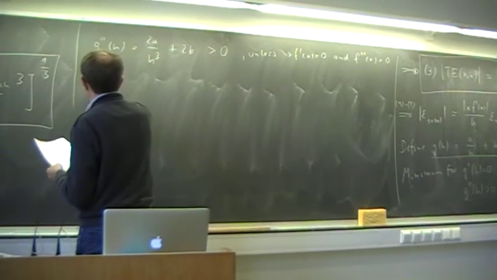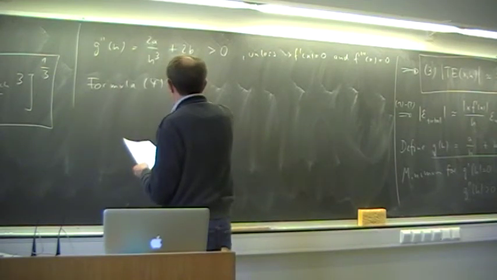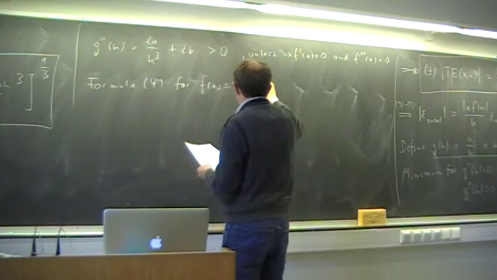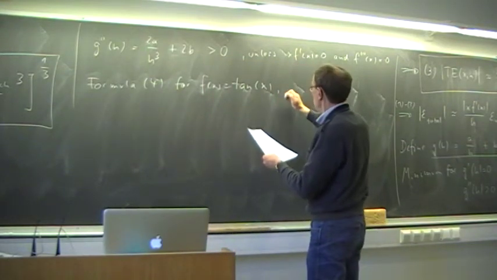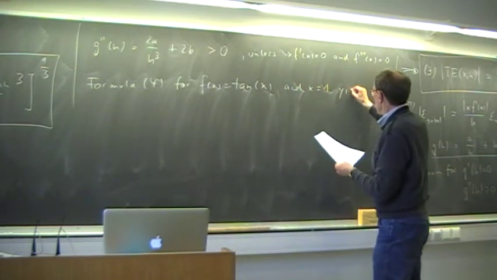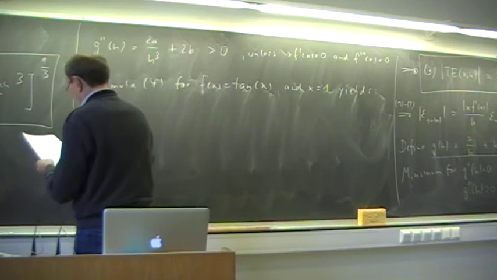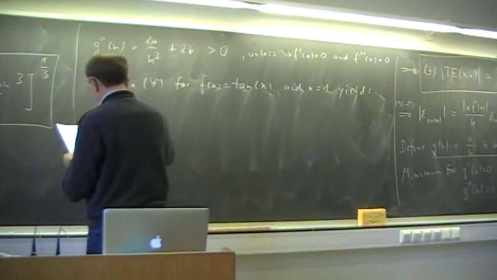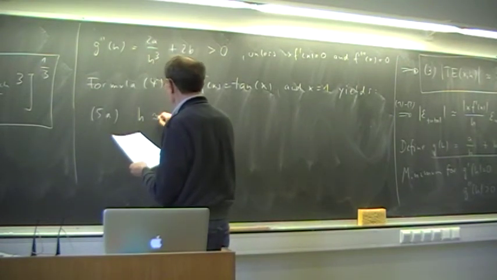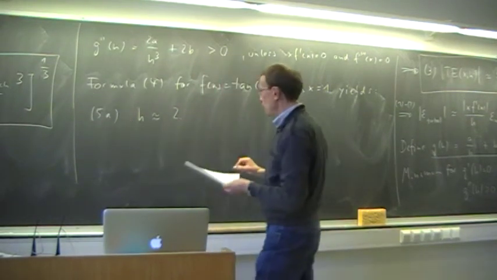So now we can use this formula for our case, f of x equal to tangent of x, for x equal to 1. Then that yields the following. h is approximately equal, so we put in all the numbers.